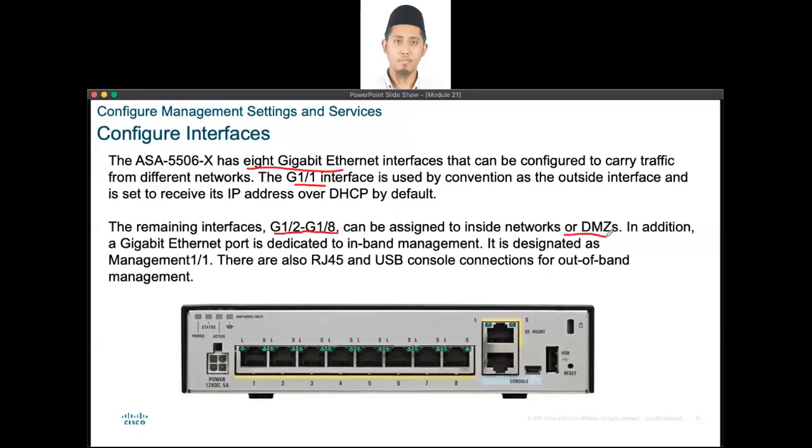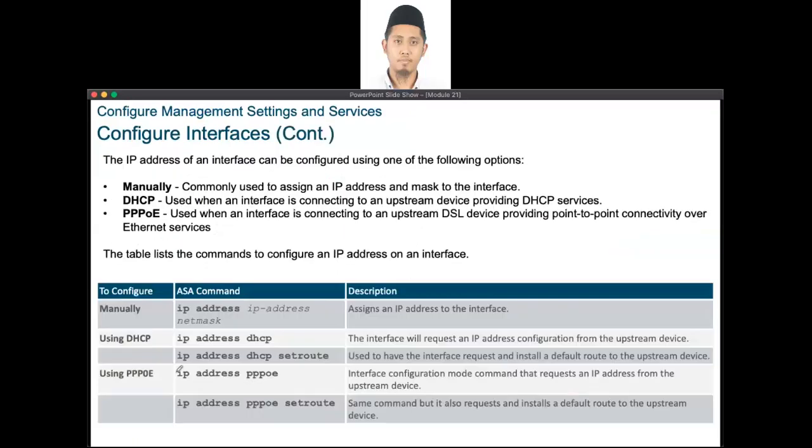In addition, a Gigabit Ethernet port is dedicated to in-band management. It is designated as Management 1/1. There are also RJ45 and USB console connections for out-of-band management. Here is the image of that device.